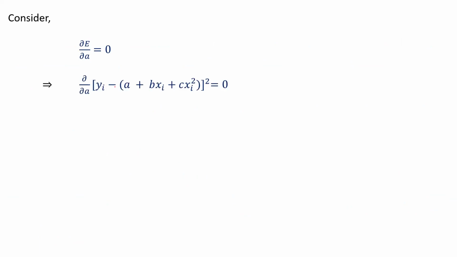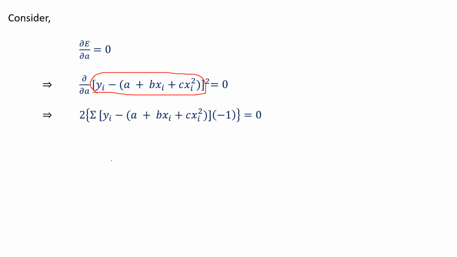So again, just look here. This total term we consider as x. What is the derivative of x square? It is 2x. So we have 2 times this x. After that, we have to differentiate yi with respect to a. Since we are using the partial derivative, yi is independent of a, so its partial derivative is 0.